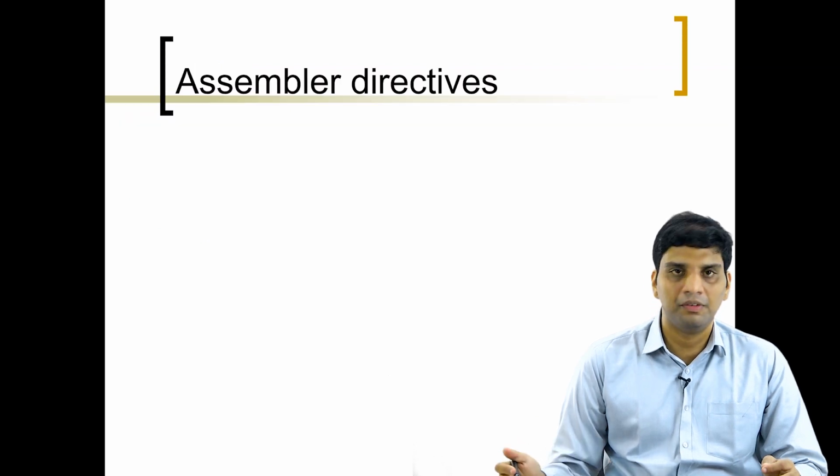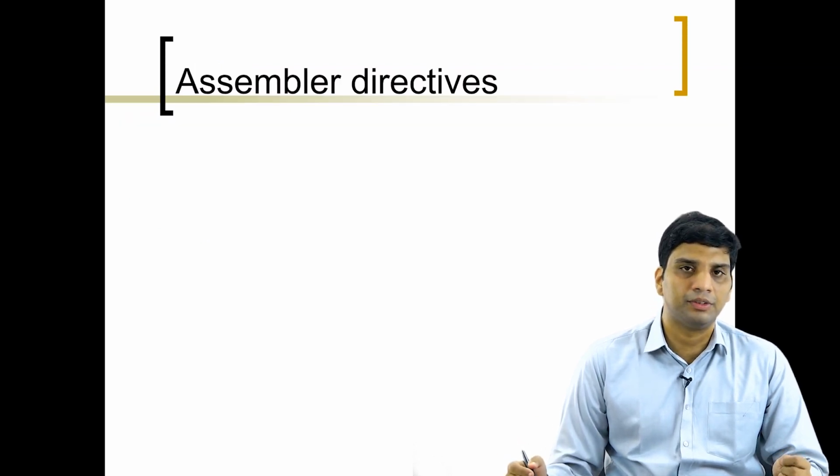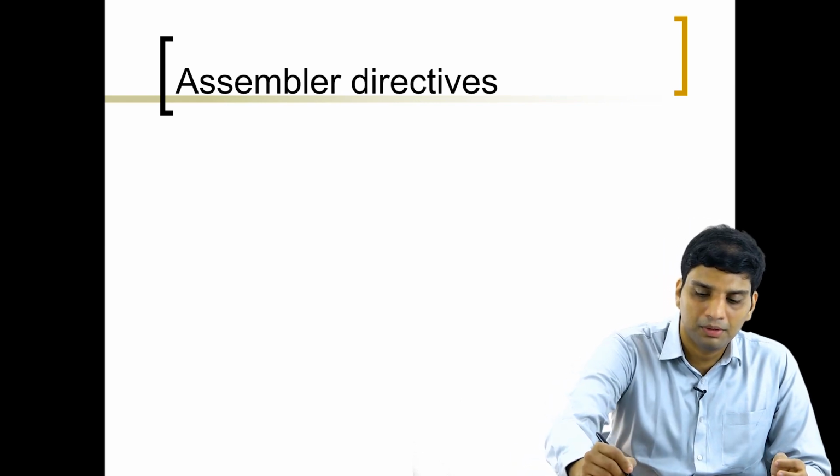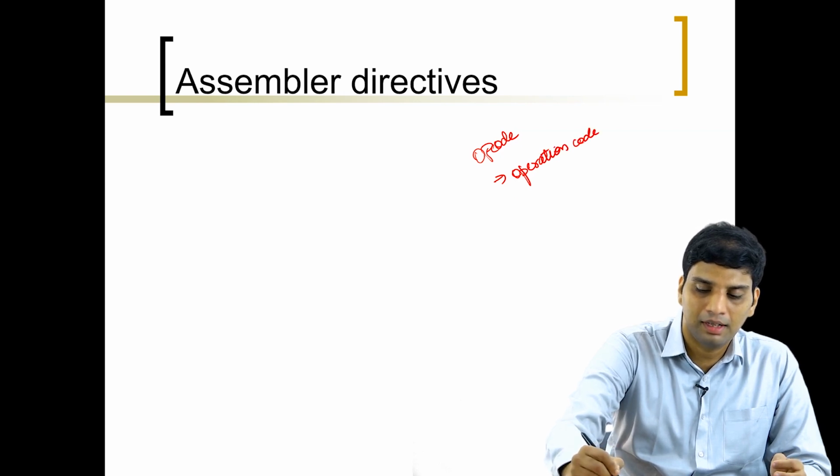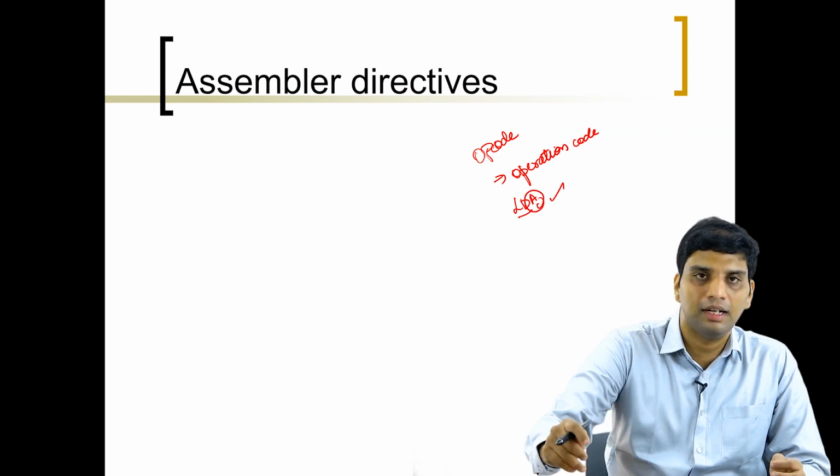So first we will see what is an assembler directive. You might have discussed opcode. What is an opcode? Opcode is nothing but operation code. We have discussed that. Example: LDA, that means load into accumulator. That is an operation code.